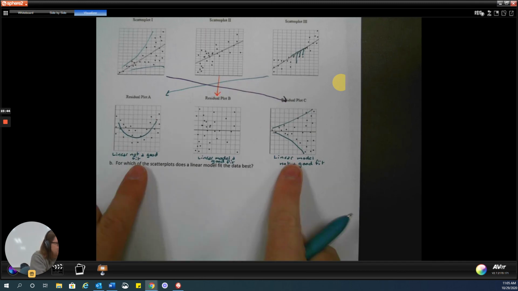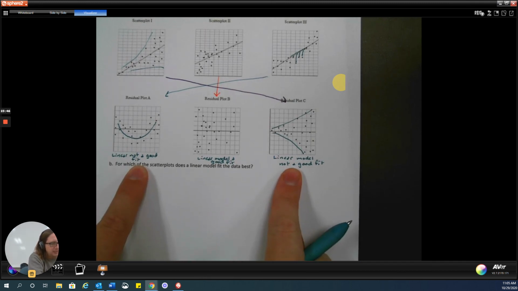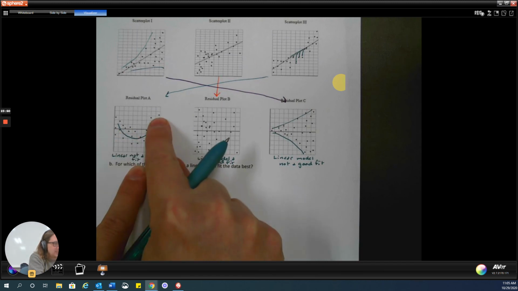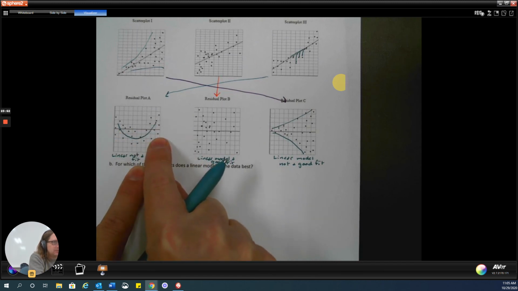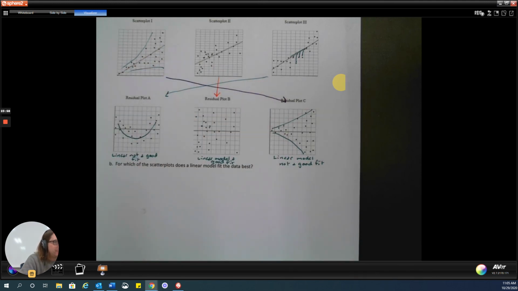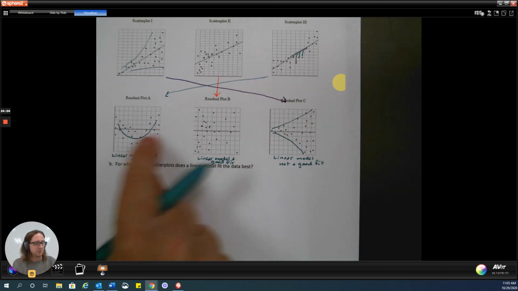So these two are telling me, by looking at the residuals, since I have a pattern in my residual plot, that I probably shouldn't have made this into a line. Maybe there's a different type of equation other than linear equations that would better fit my data. And that's what the residual is telling us.